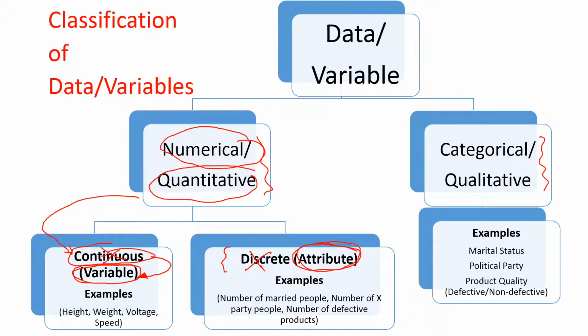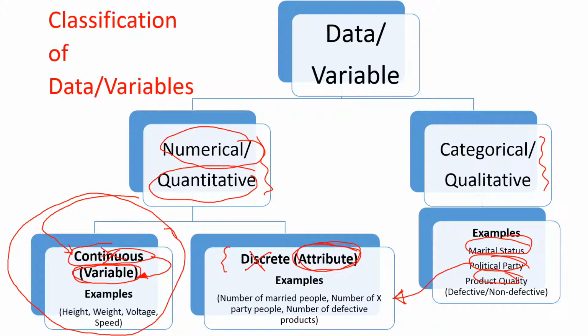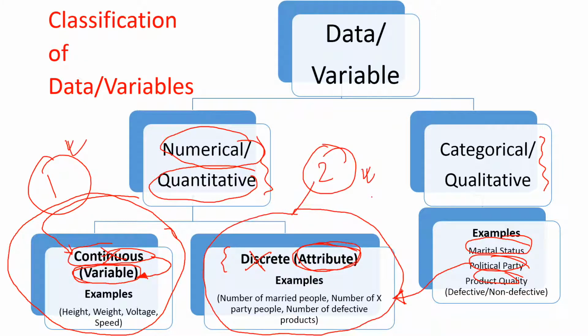Now, if you look at these categorical examples, marital status, political party, product defective or non-defective, you can transform all of them into something like discrete, number of married people, number of people affiliated with a party. So if you think about the data or variables, the whole world can be divided into two: the variable and the attribute.